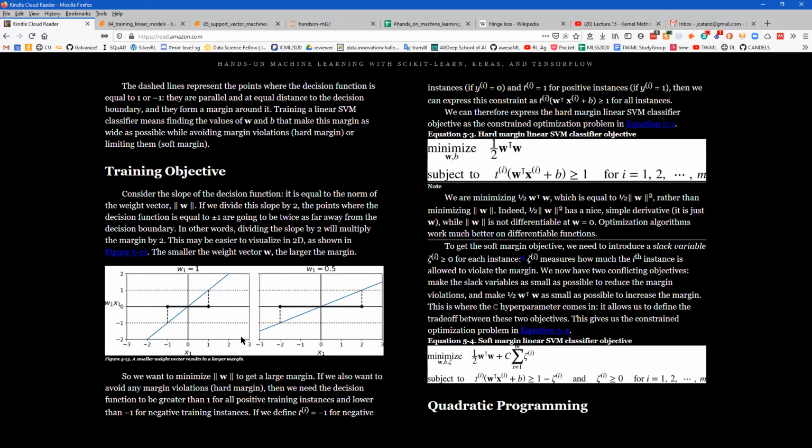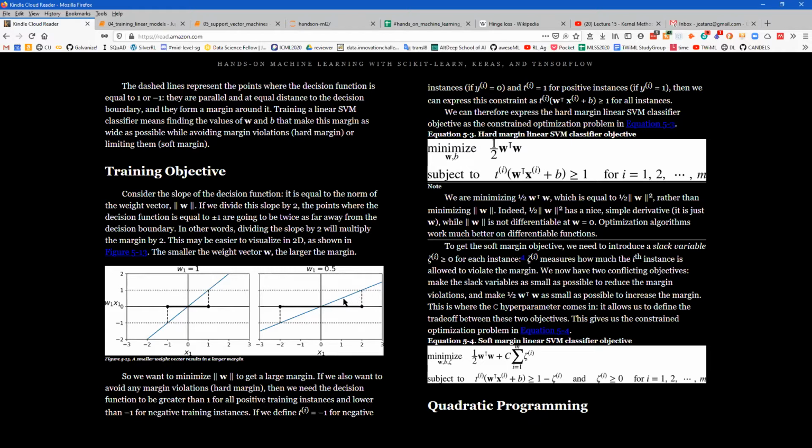So here's x1, and here's the component of the decision function, w1 x1. Maybe it's this slope that he's talking about. I think he used the 2D one to show the point that if you decrease the slope, the margin increases, so the street gets wider.